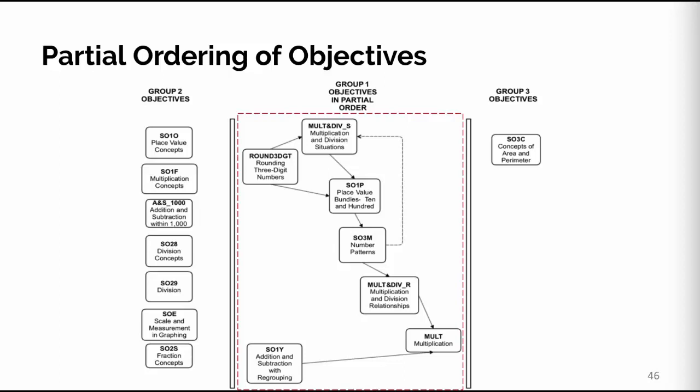Also, prerequisites for multiplication MULT includes SO1Y, addition and subtraction with regrouping, and mult and div relationships. The suggested partial orderings were found to reduce the rate of retries of objectives in the partial order shown in the figure.